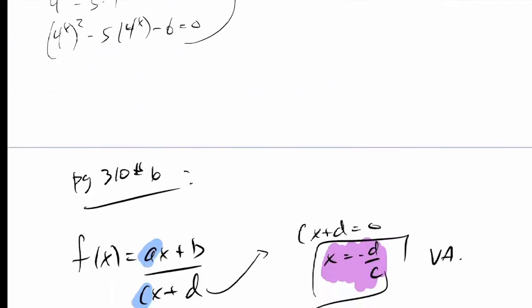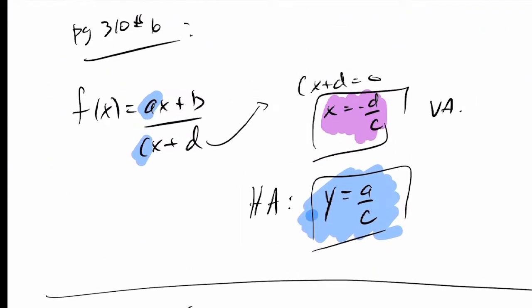Well, we'll go back. We'll do 6b here for Yusria. So for 6b, they ask you under what conditions do you have a hole in the graph? To have a hole in the graph, the root of the top has to equal the root of the bottom. So when the top is 0, the bottom has to be 0 too. They both have the same 0.